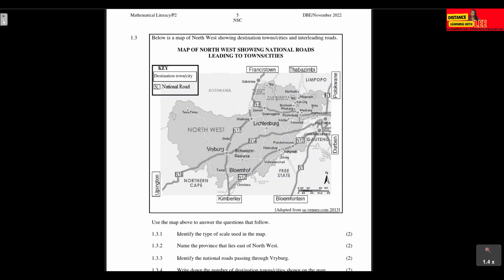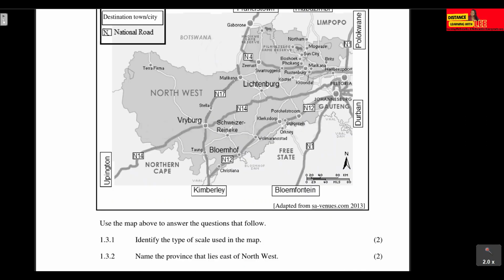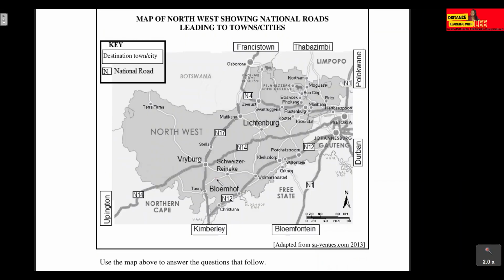We're also given, right here at the bottom, I'm going to just quickly zoom in, a bar scale. Remember, if you're given a bar scale, a number scale, or a line scale, that means if you had to measure the distance from one town to another town on the map using your ruler, you could convert that measured distance, in millimeters or centimeters, to an actual distance in kilometers.